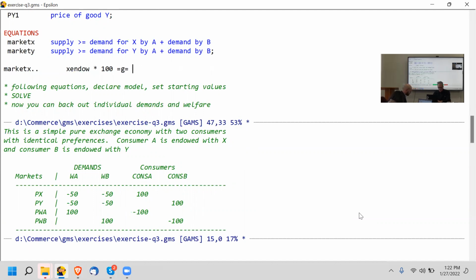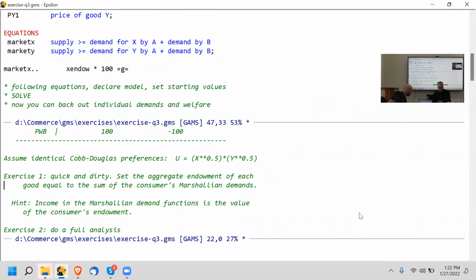And then he says a Marshallian model: the sum of the consumers' Marshallian demands of each good. The consumers are identical. I'm not sure what he means by the Marshallian demand function.